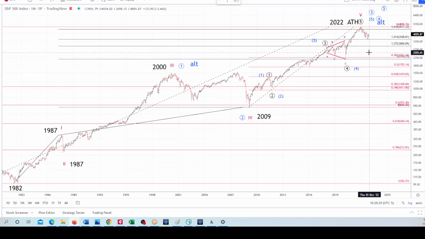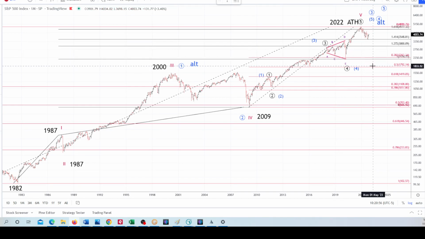So let's look at the most bullish scenario in the bear market: a correction of this move up from the 2009 to the 2022 low, which happens to be a Fibonacci 13 years. Okay, and then the minimum 382 would be to 2263, which is in the area of the fourth wave of 1 lesser degree.